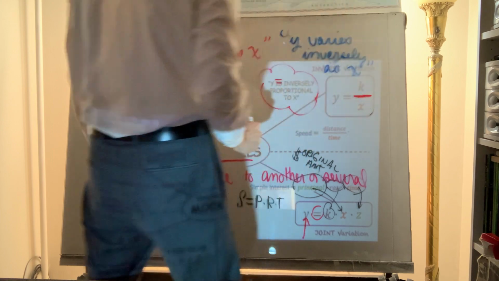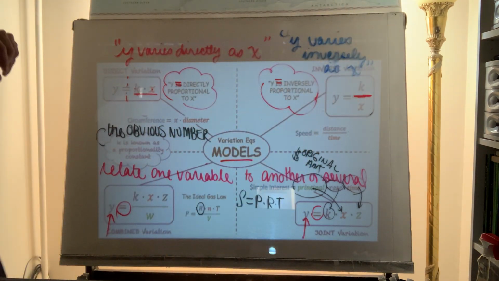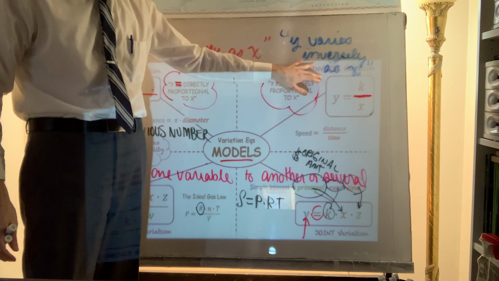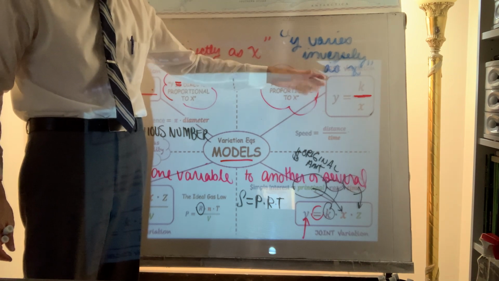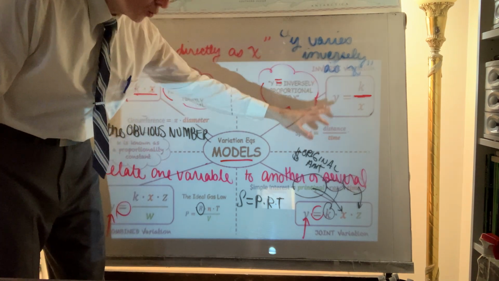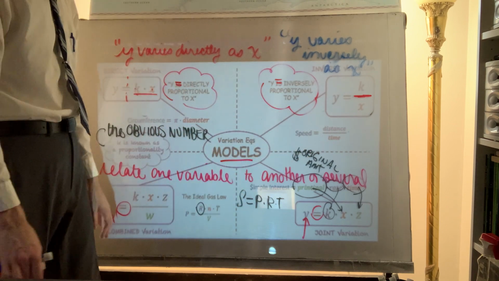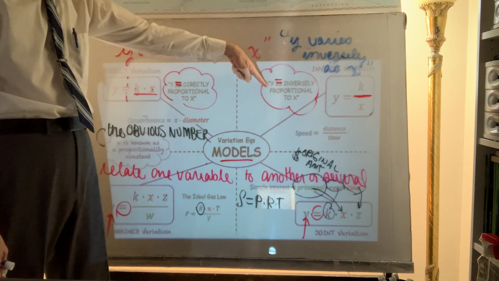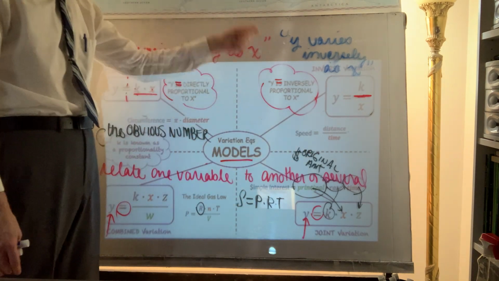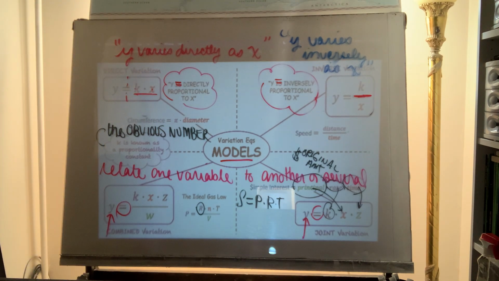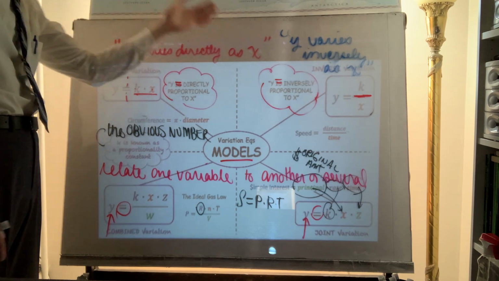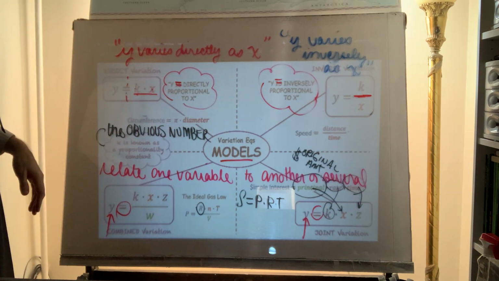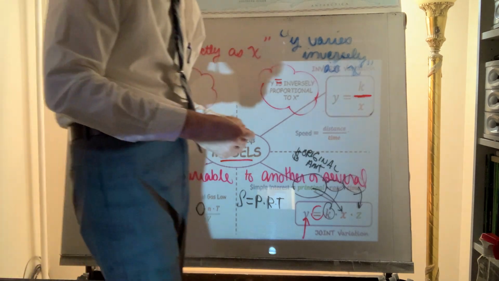I don't want to corrupt your opinion, but to me, it's just a little bit less clear when you say it that way, but that is the way that your book would probably present this equivalent statement. So just beware of that. Y varies inversely as x means y is inversely proportional to x. And you could figure that out for these two as well, if necessary.